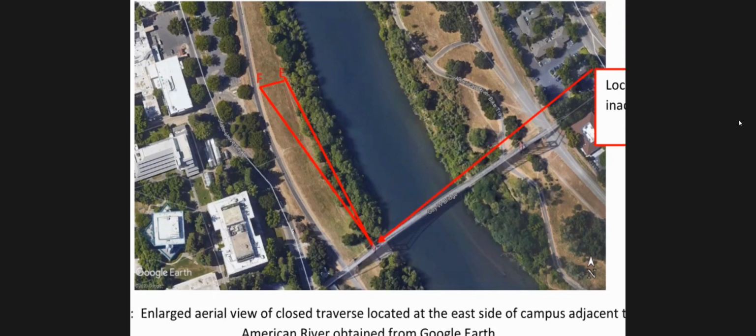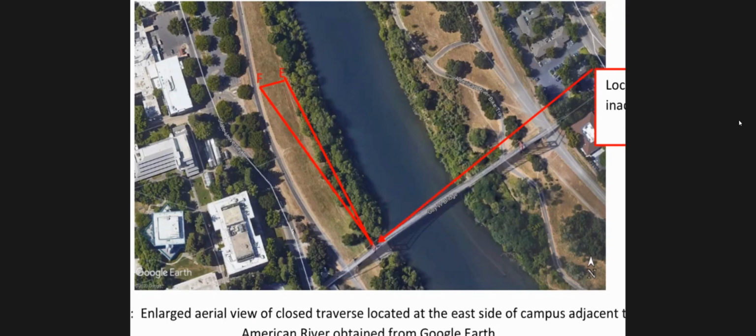But you can see that there's a triangle here from the tower down to points E and F, and I'll go over that in a minute. Today, you'll be calculating a distance based on some angles you're measuring: a distance from point F to the tower and from point E to the tower.